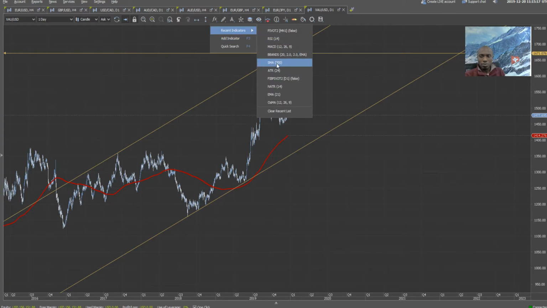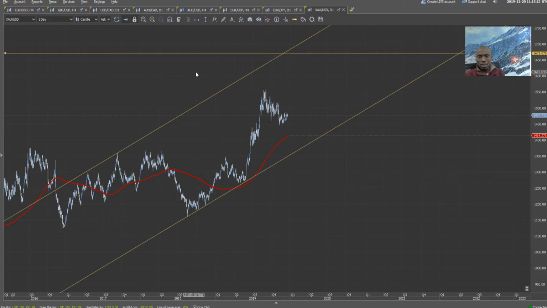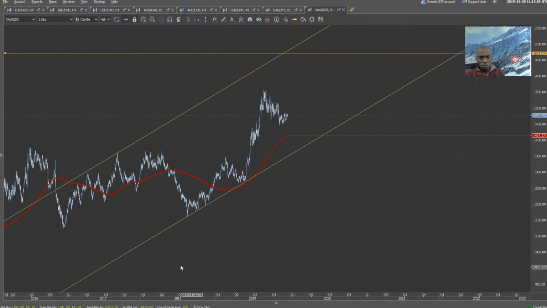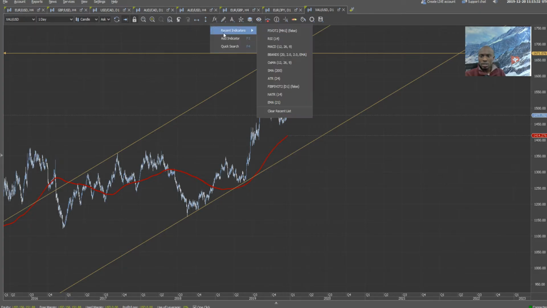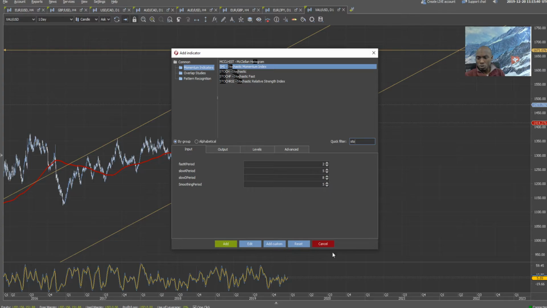So we had the stochastic. If I have it here, no, I don't have it. I'll take this. This was the RSI which I was doing a few days ago. So I will add the stochastic. Yeah, stochastic momentum indicators.